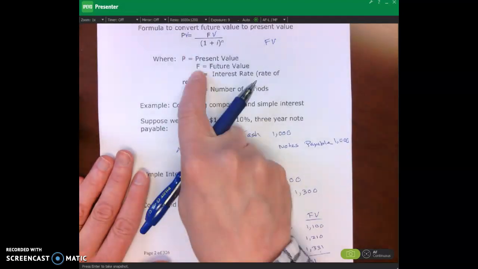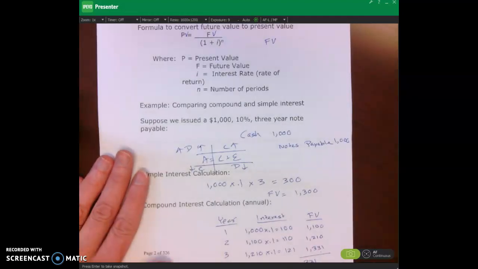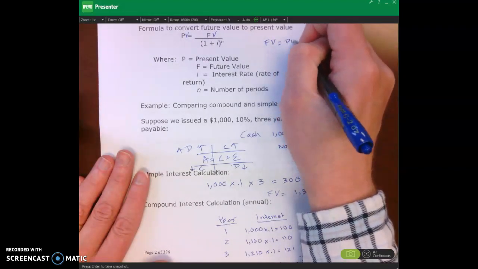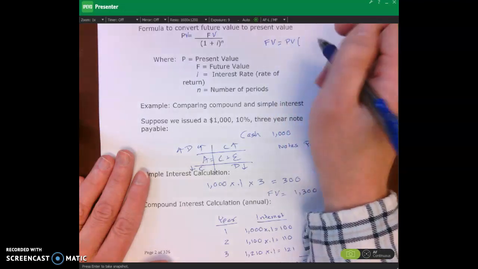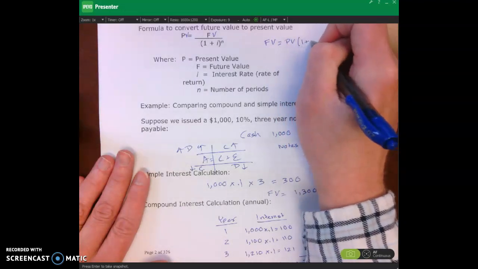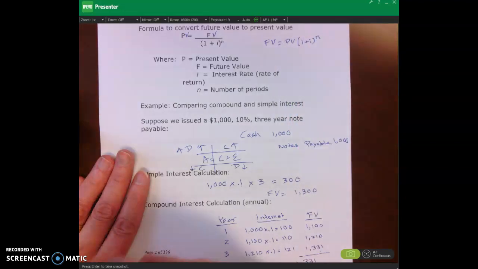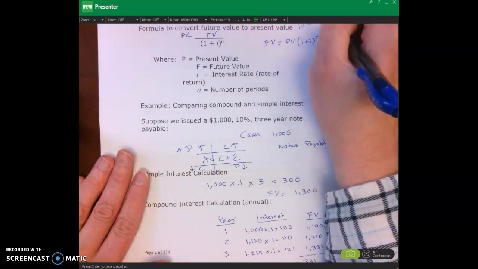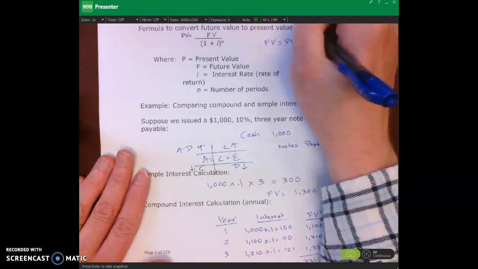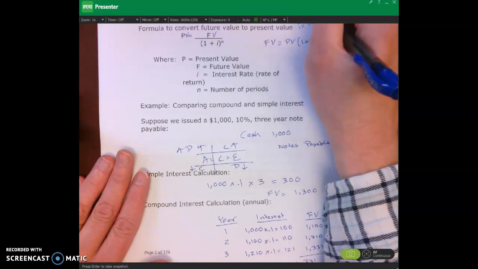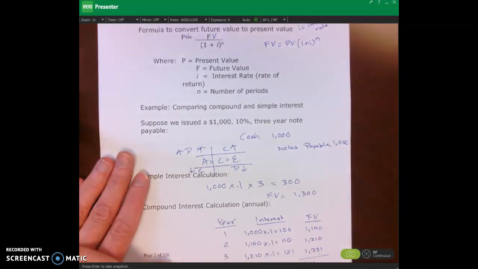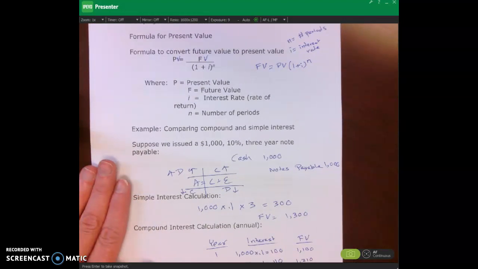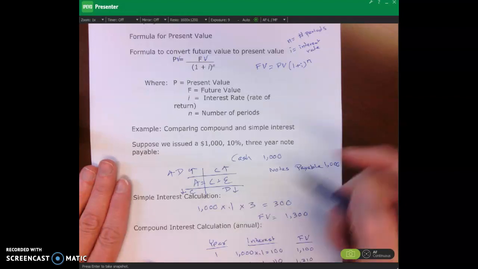Here I'll call it FV. Future value equals my present value times 1 plus i to the n power, where i equals my interest rate and n equals the number of periods.